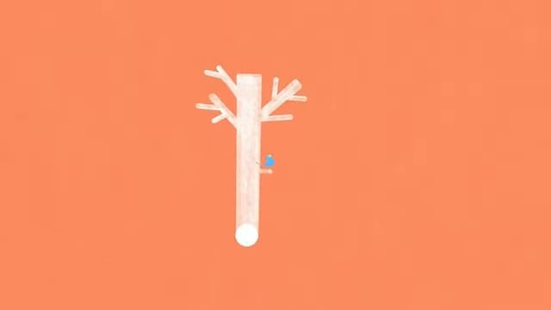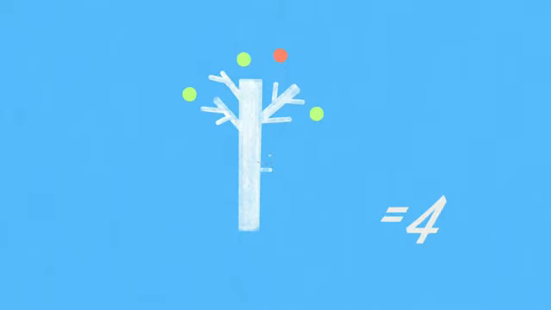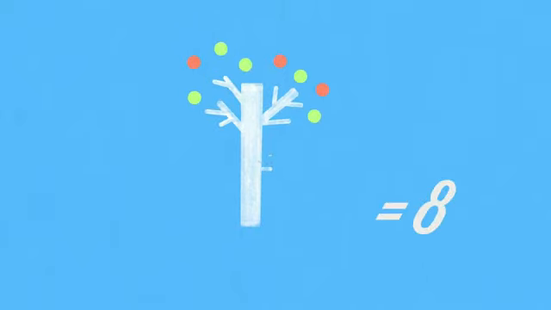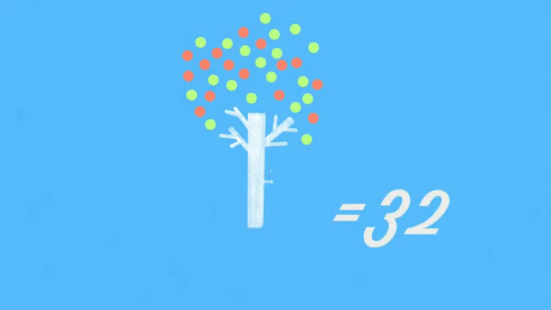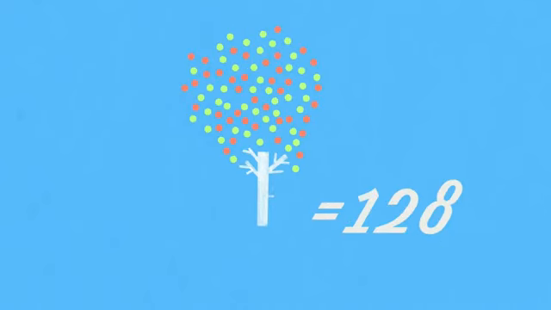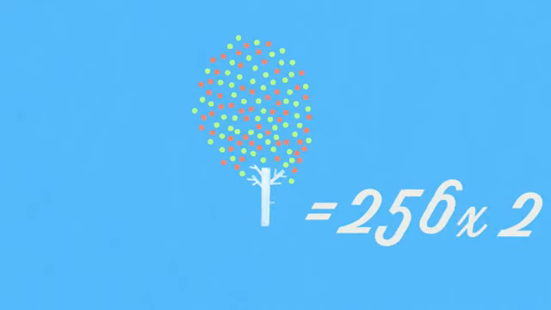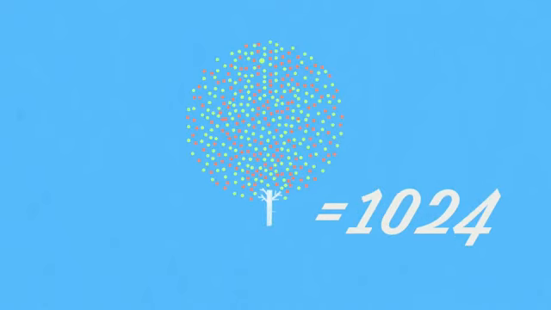We need to realize that there are 2 possible answers for each of the 10 questions. So the number of possible outcomes is 2 times 2 times 2 times 2 times 2 times 2 times 2 times 2 times 2 times 2.